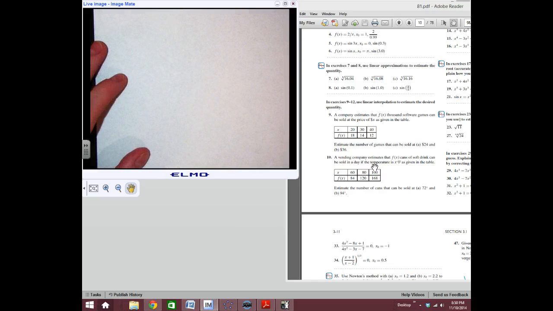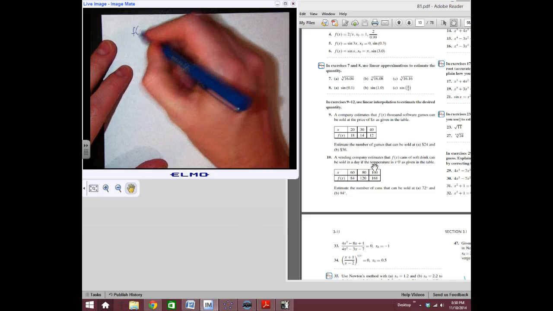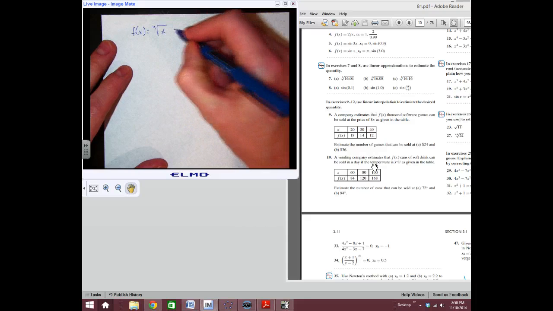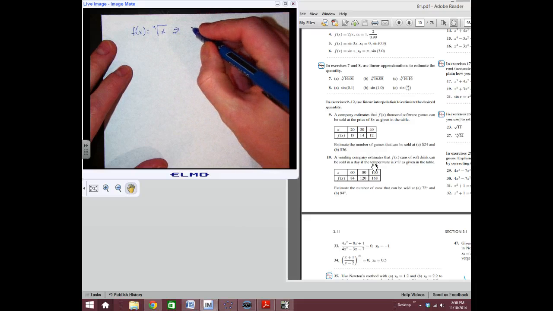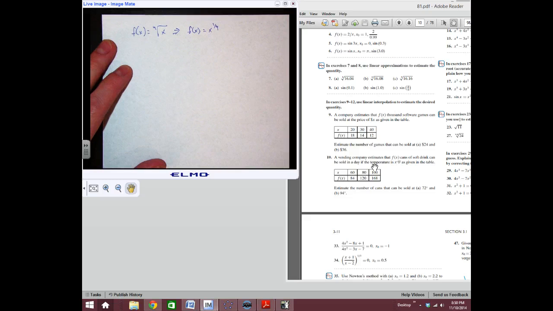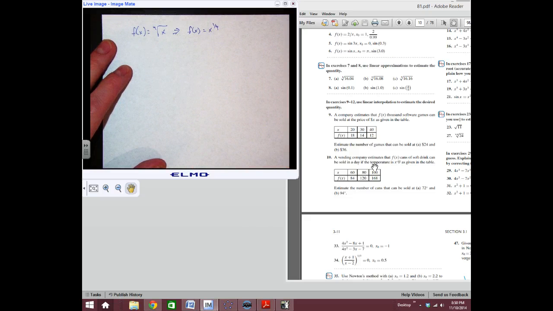So 7A first, we need to create a function that we would use to approximate a fourth root. And our function is just the fourth root function, which is f of x equals the fourth root of x, which more importantly is f of x equals x to the 1/4 power, which we'll want for finding the derivative. Now the next thing we'll have to do is figure out, what's our x naught?